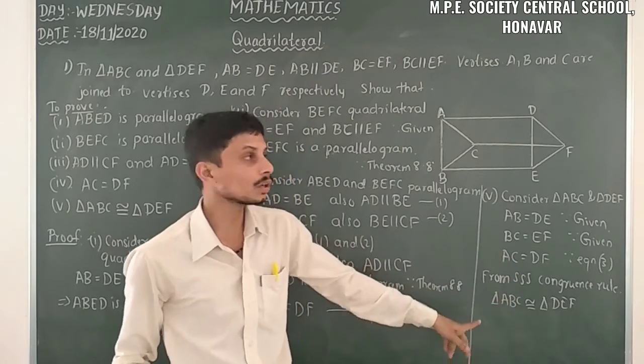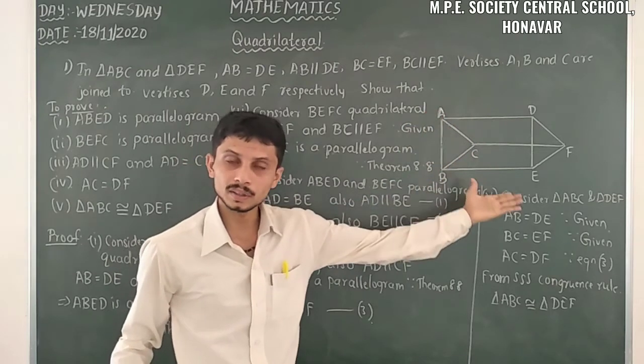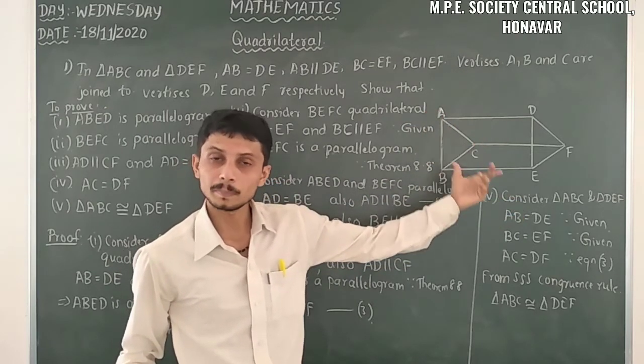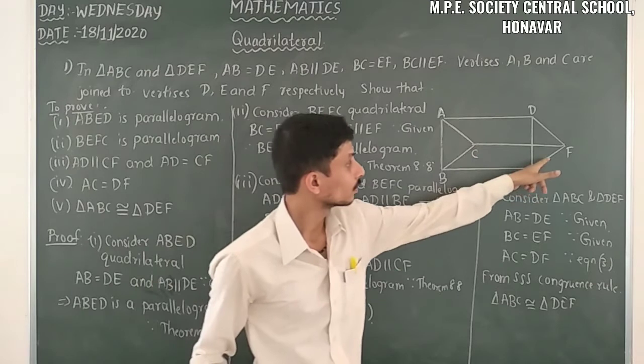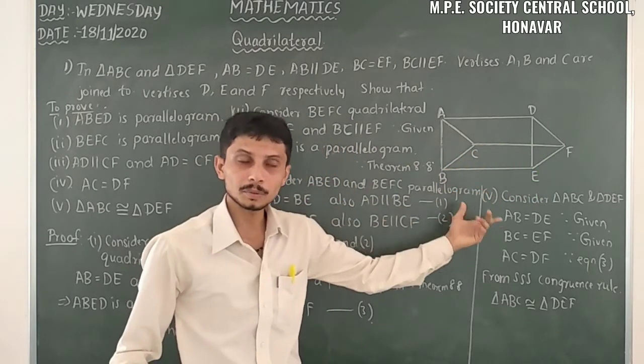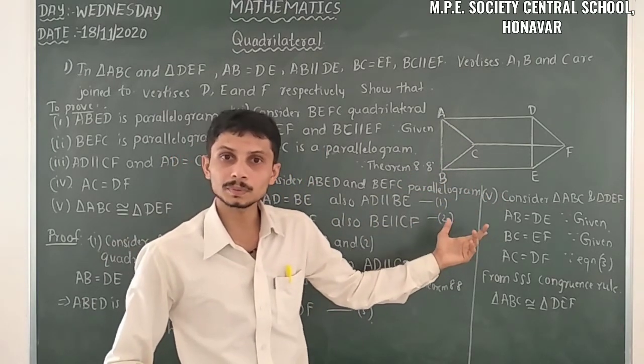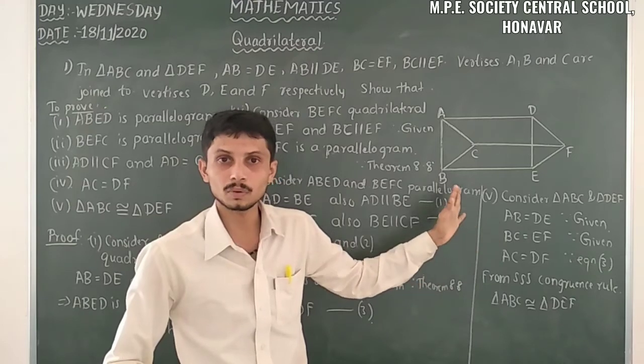Yes, so because of that, we considered quadrilateral ABED. Then we proved that one as a parallelogram. Then we considered quadrilateral BCFE. Also we proved that BCFE is a parallelogram. There the pair of corresponding opposite sides are equal and parallel.